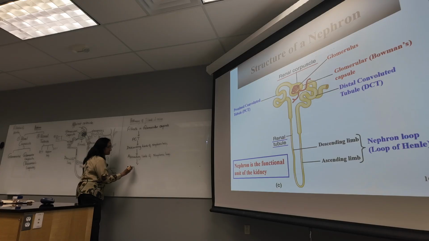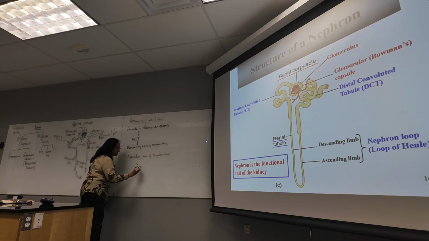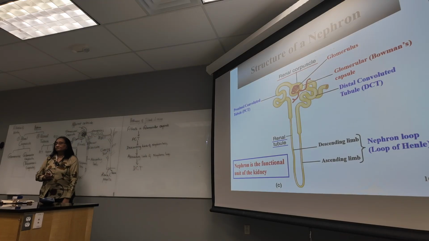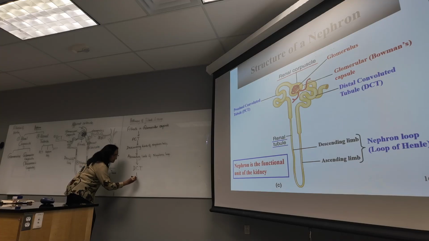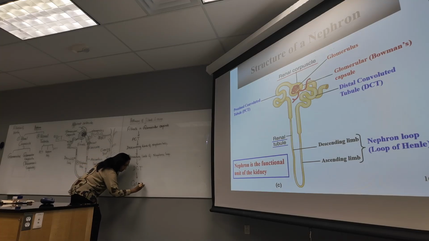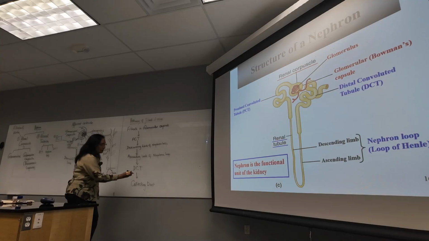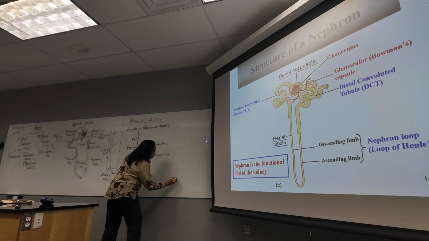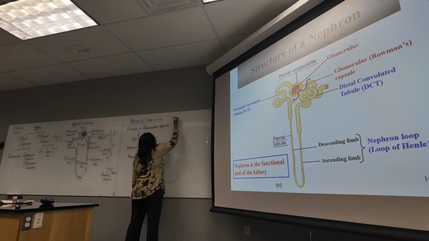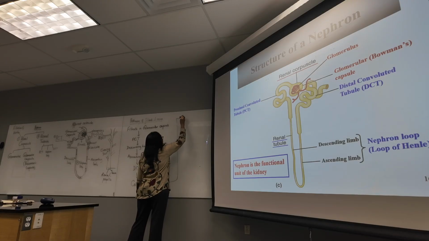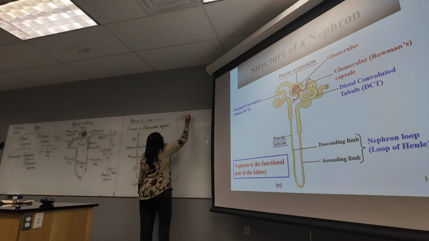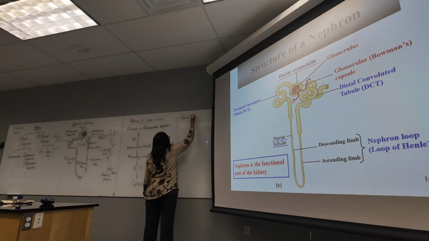Next, the distal convoluted tubule. Next, the collecting duct. Okay. From the collecting duct, the renal papilla. That is the small tiny opening.